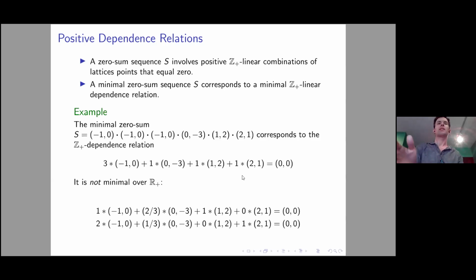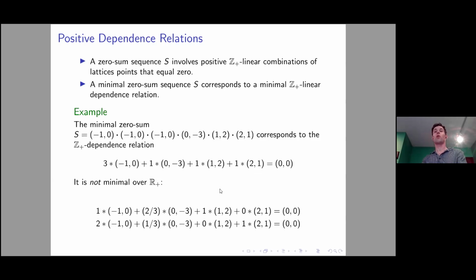And so what does it mean by minimal? Well, let's just see what happens with this minimal example we had before. It happens to be a minimal zero sum because you can check, well, here's the linear combination that sort of corresponds to the sequence. We have the element (-1, 0) with multiplicity 3, the element (0, -3) with multiplicity 1, (1, 2) with multiplicity 1, (2, 1) with multiplicity 1.